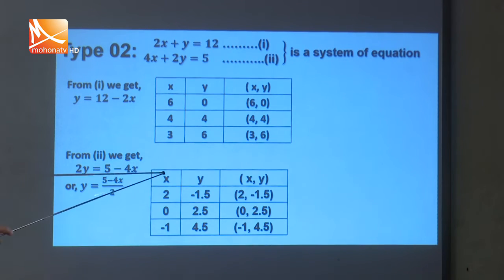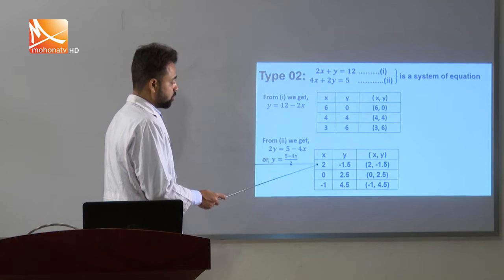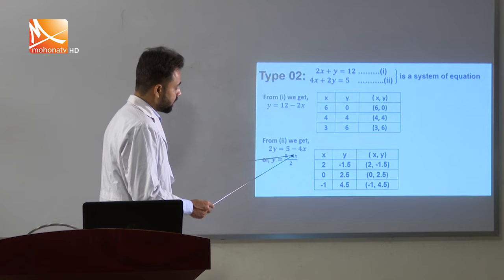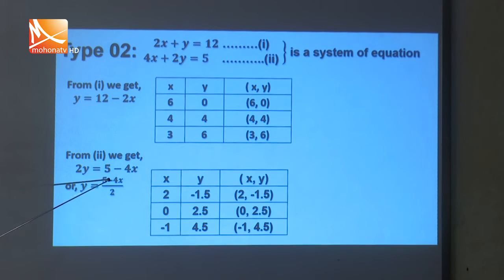So, if we take some values of x independently, that is, if x equal to 2, then y equal to 5 minus 4 into 2, that is 8. 5 minus 8 means minus 3, divided by 2, that is minus 1.5. So, the value of y is minus 1.5, that is, the point is (2, minus 1.5).